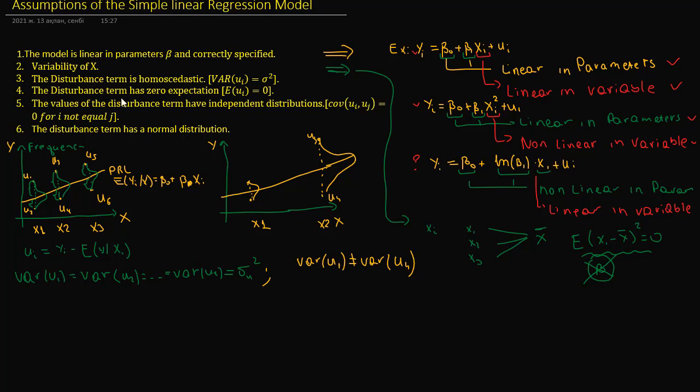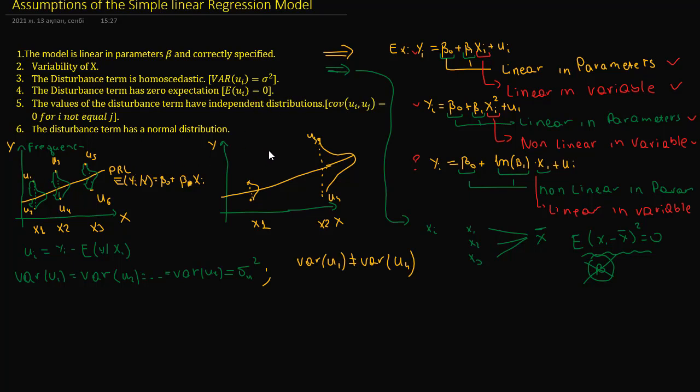Expected value of error being 0 means that on average the error term has no effect on y. Since the variance is constant, when we sum the error terms, on average it will be 0. Homo means equal; hetero, which we call heteroscedastic, means not equal.